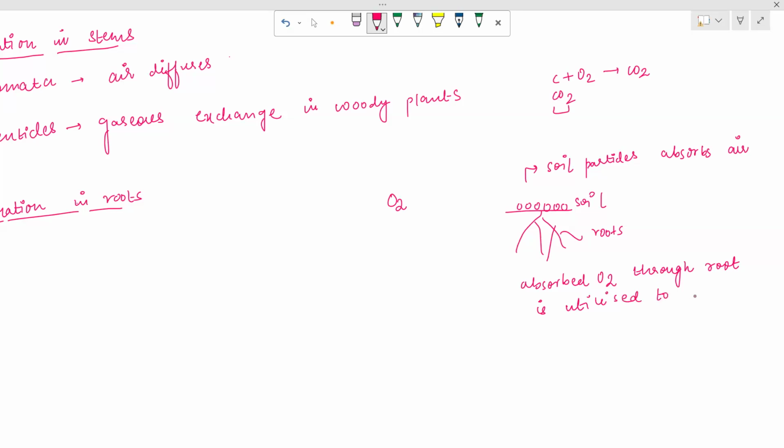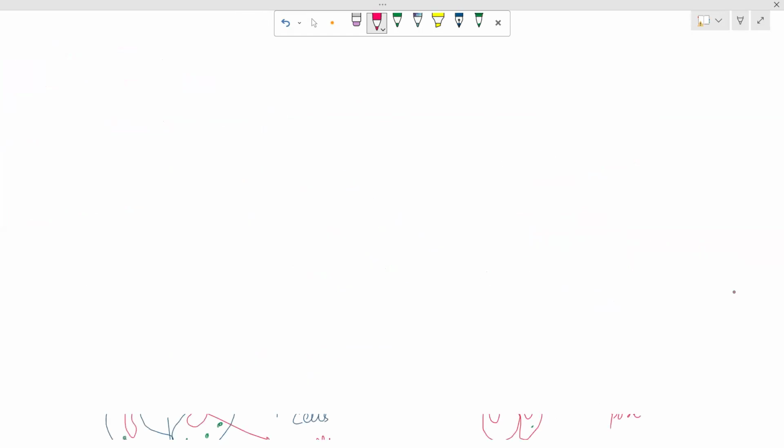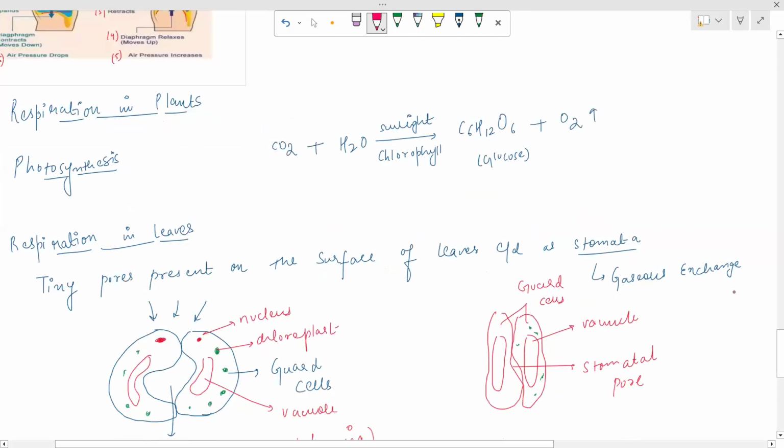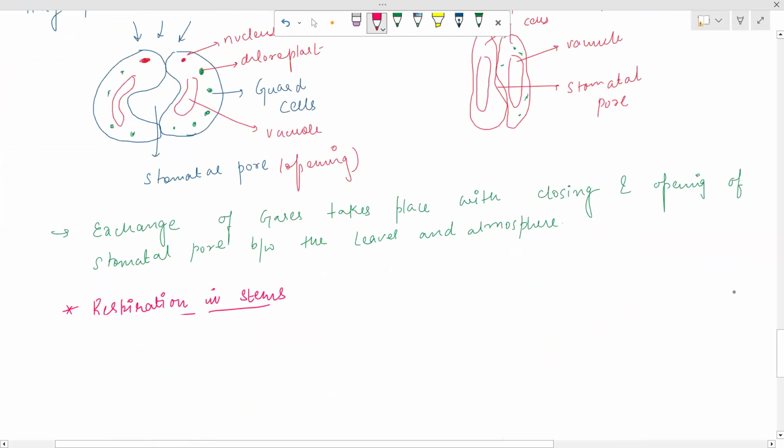Ma'am, but isn't carbon dioxide used for photosynthesis? Yes, carbon dioxide is utilized for photosynthesis, if you see the equation also. Well, then why do the roots absorb this oxygen? This is the mechanism, dear.